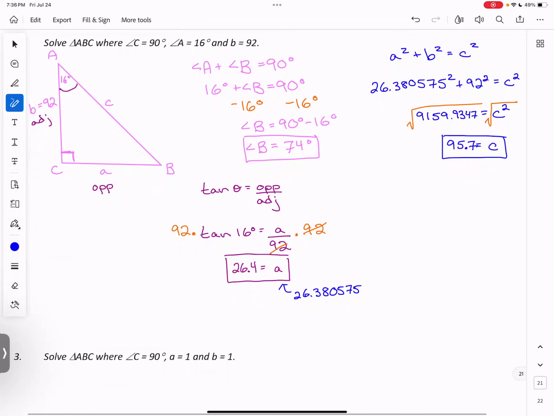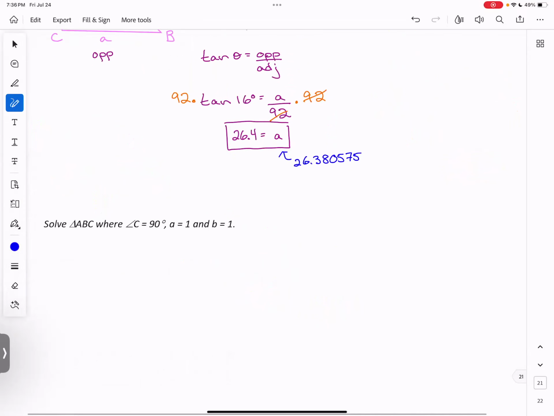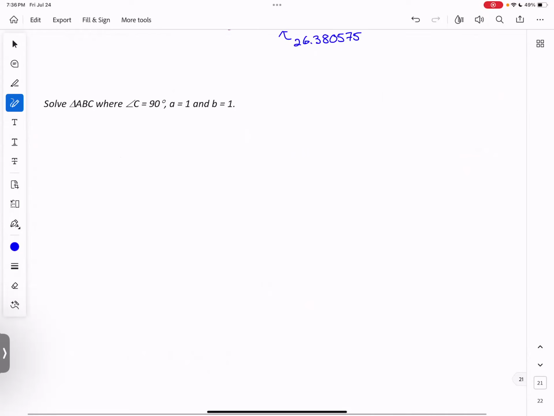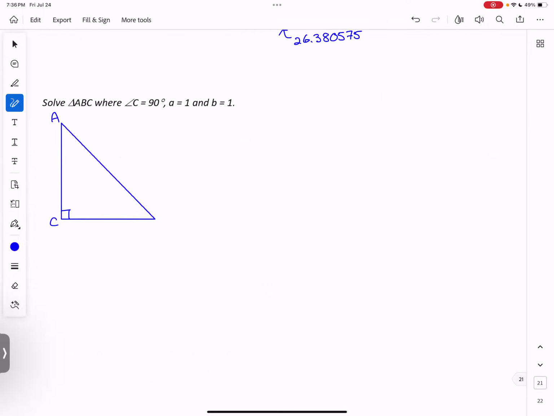Okay, let's do another one like this. So again, we're given a triangle with a right angle. So I'm going to draw myself a right angle triangle here. Angle C is 90. And we don't know angle A or B, but we know little a is 1, and little b is also 1.